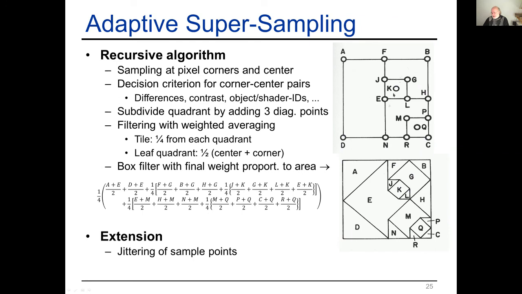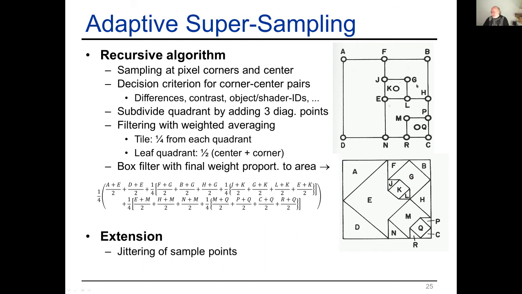You look at E and B in the top right, and in this case we figured out that there is too much difference between E and B. Then you recursively take any additional samples, so that would be F, G, and H. And you again recursively look at whether there are too many differences in each quadrant. In this case, you figure out that between E and G there's too much, and you subdivide.